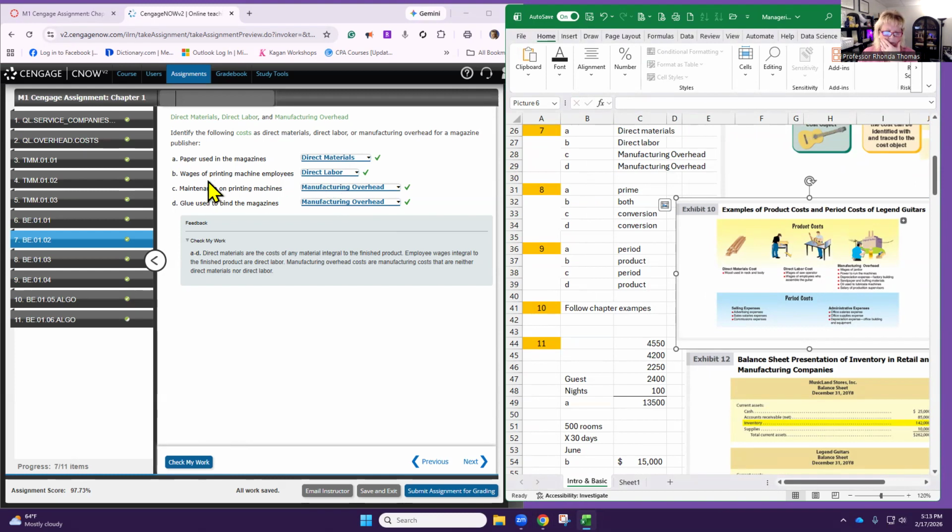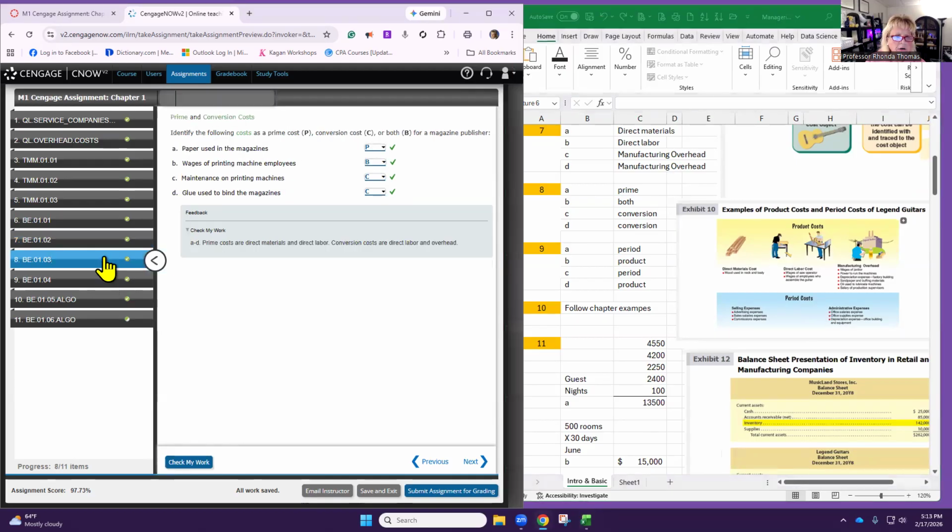The wages of the ones operating the printing machines is direct labor. Any kind of maintenance on the printing machines, if it doesn't go in either of these, this is the default bucket. And the glue to bind the magazines is manufacturing overhead. Once again, you'll have to be able to distinguish one product cost from another.